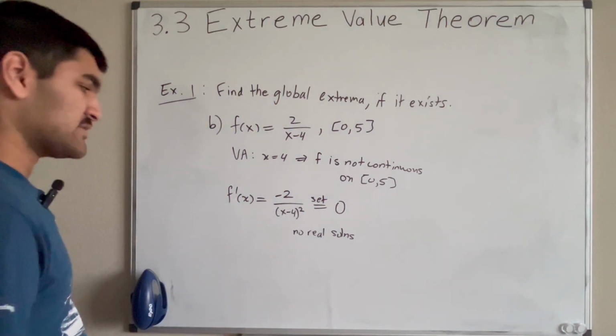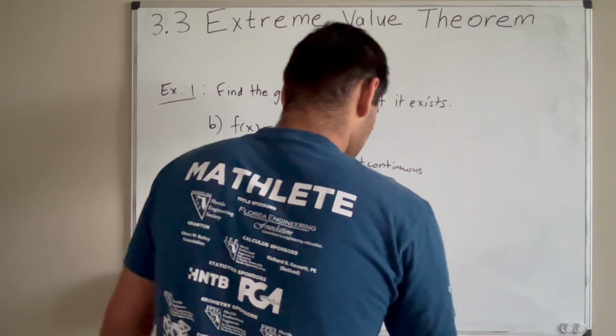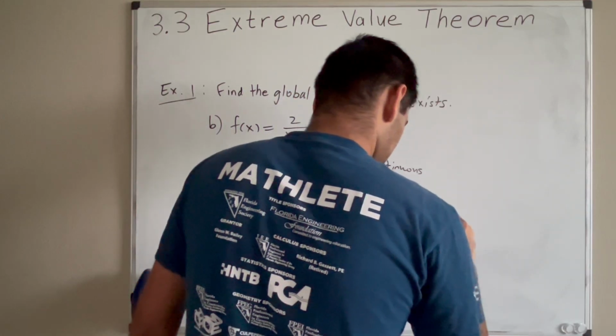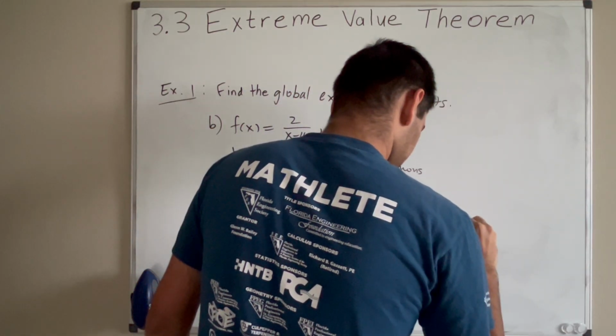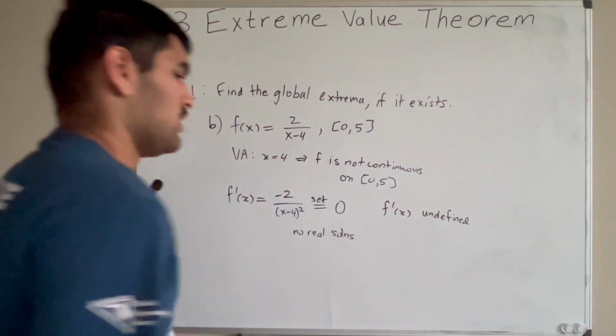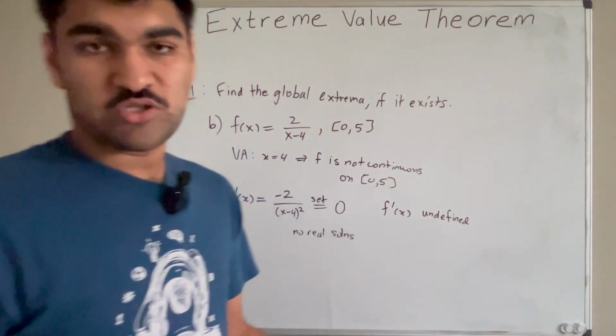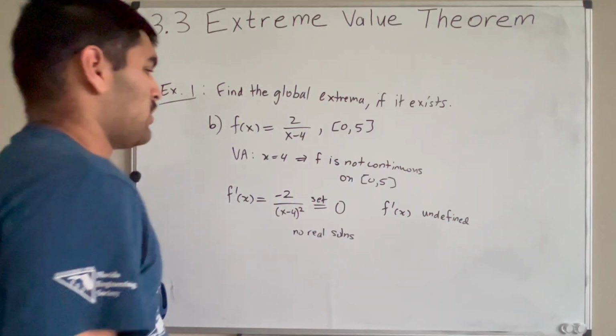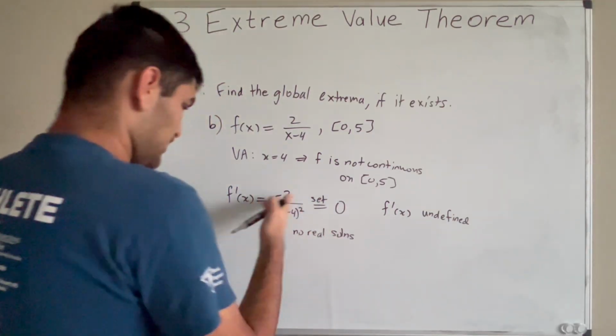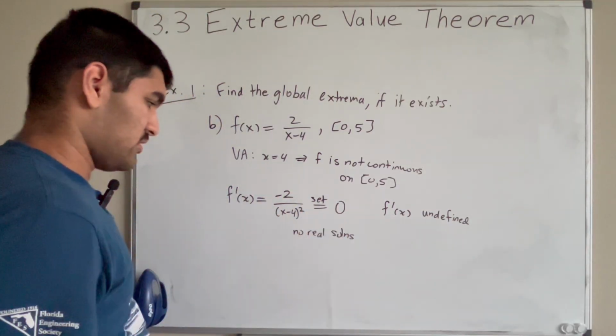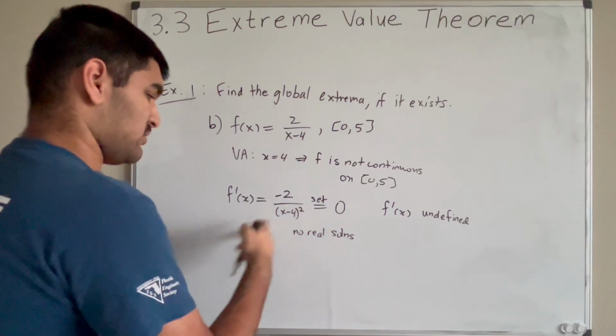Because there's another case. F prime of x may just be undefined. Because if we find some x value for which f prime of x is undefined, that also counts as a critical point. So is f prime of x, which is equal to this, undefined anywhere? Well, we do have a vertical asymptote again at x equals 4.